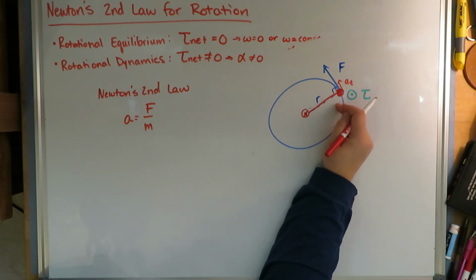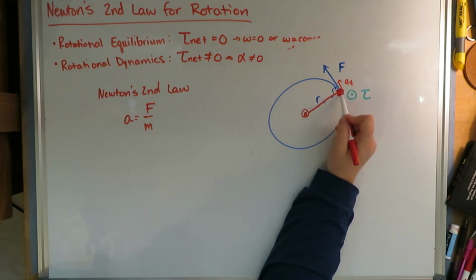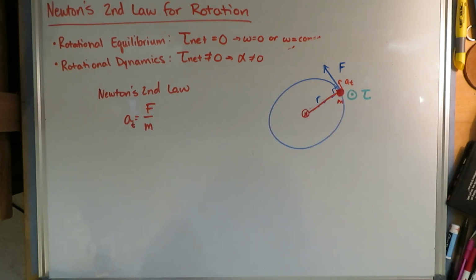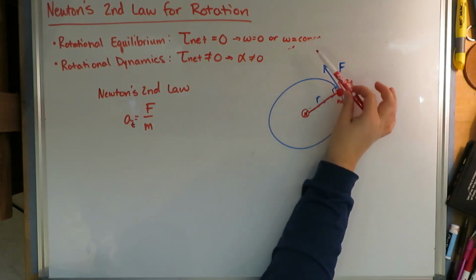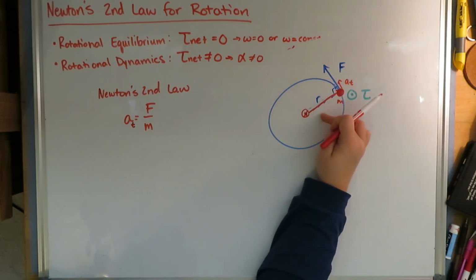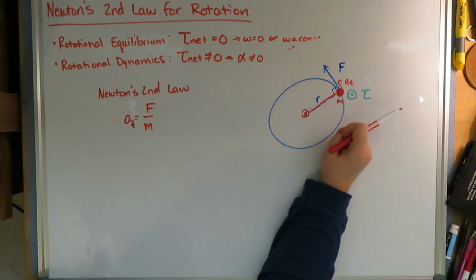So if I was looking at, say, that point, then I would end up with that force being applied to this mass m, causing an acceleration, but that acceleration is actually going to be my tangential acceleration. So because this force is parallel to tangential acceleration, it's not responsible for changing directions. It's responsible only for changing speeds.